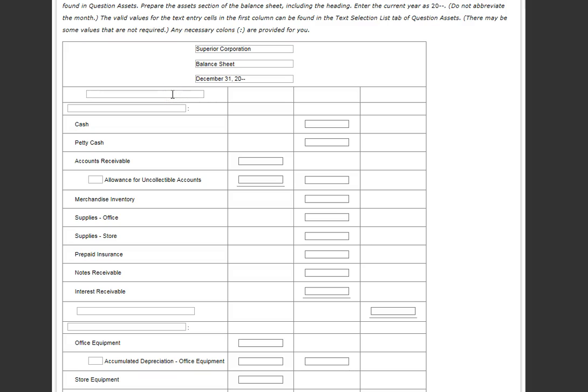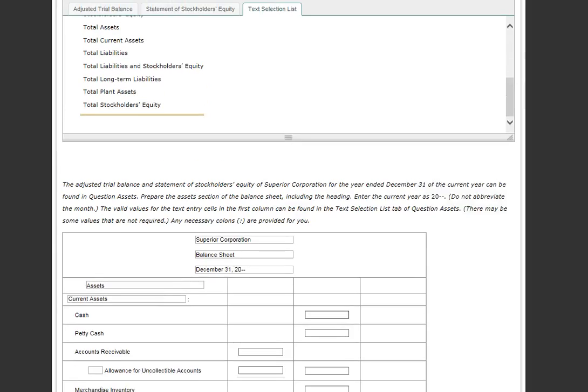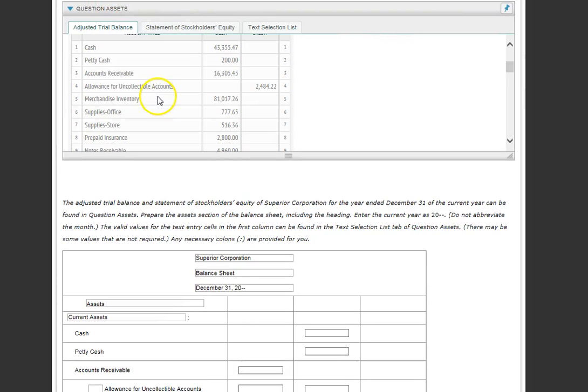Okay, we start out with our assets section, and current assets. Okay, first one is cash, $43,355. And then petty cash, $200.